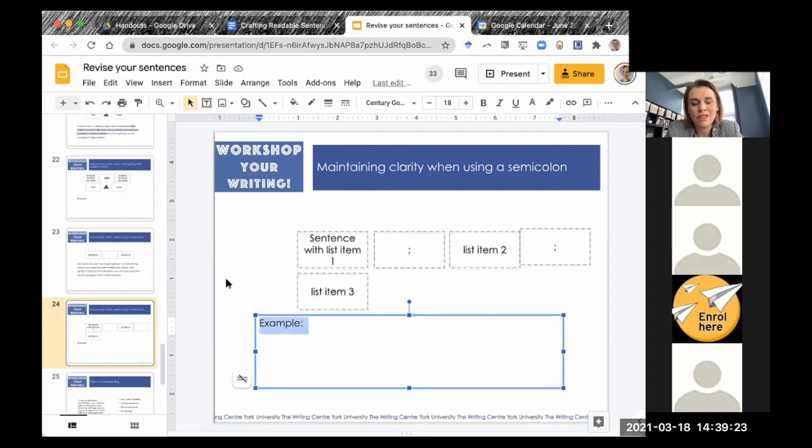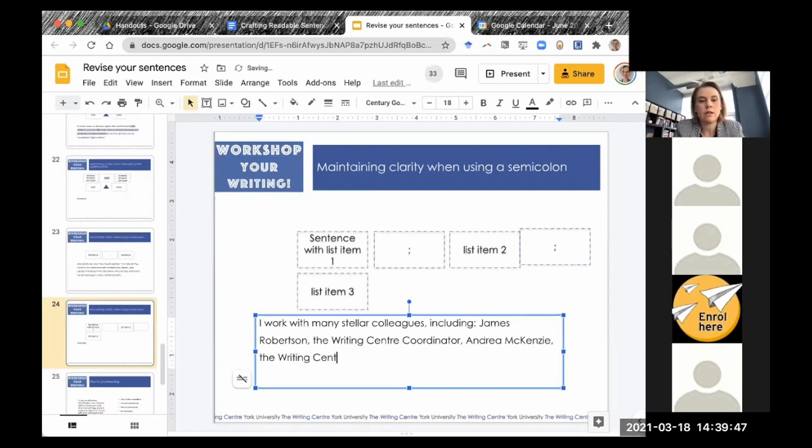So if you want to do something like, I work with many stellar colleagues, including James Robertson, the Writing Center coordinator, Andrea McKenzie, the Writing Center director, and Kim Michasiw, the department chair.